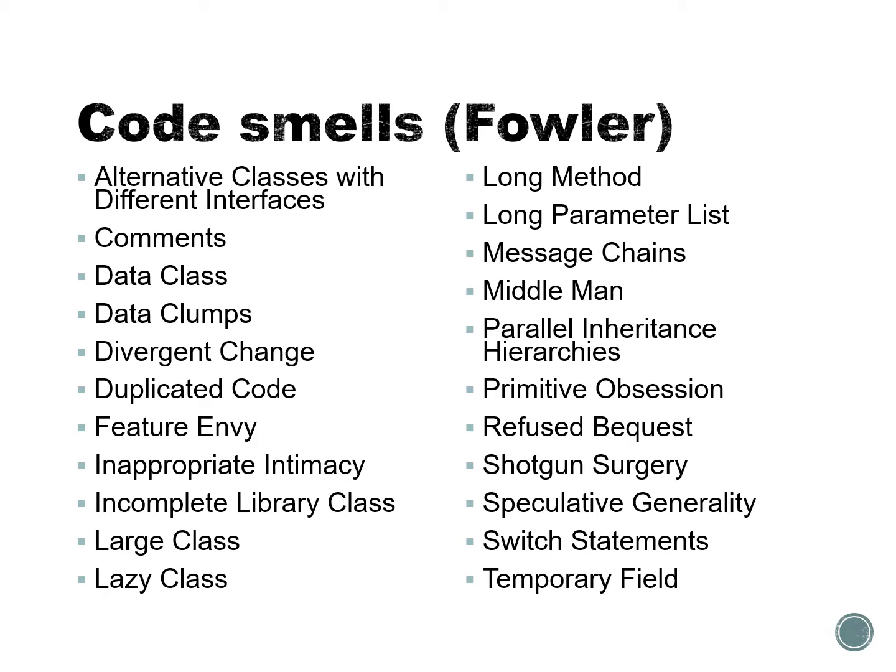There's some funny ones like shotgun surgery, or lazy class, or something really not funny like inappropriate intimacy, which means that the objects don't follow their visibility rules, or the library class which doesn't actually work, or these sort of things which are really freaking annoying problems if you have to fix them. But still, of course, if you find one of these, at least you know that you found a huge problem in the design or architecture of your software.